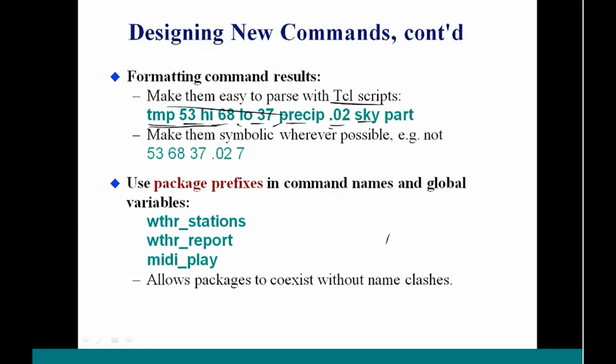So now you can know that this is the index and this is the value. The current temperature is 53, the highest is 68, the low is 37, the amount of precipitation is 0.02, and the sky is partly cloudy, whatever it is.